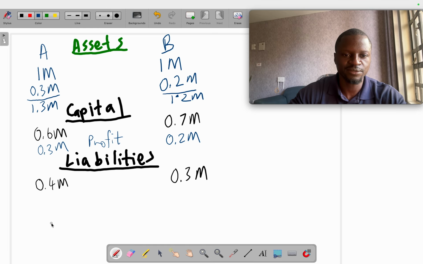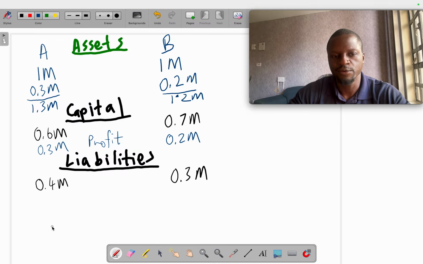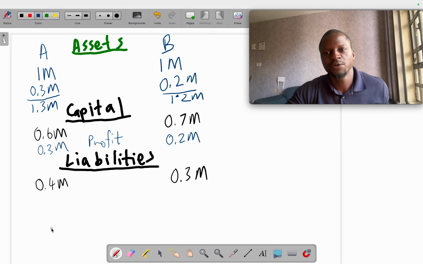Or business A was a restaurant and business B was electronics. But from a financial point of view, business A created more value to the market within the same period that business B was also operating. So that's how I look at profit, and I hope I've added more value to you by showing you the same.